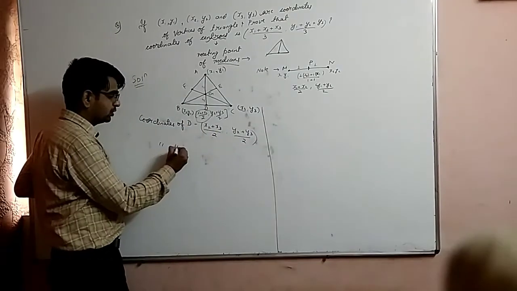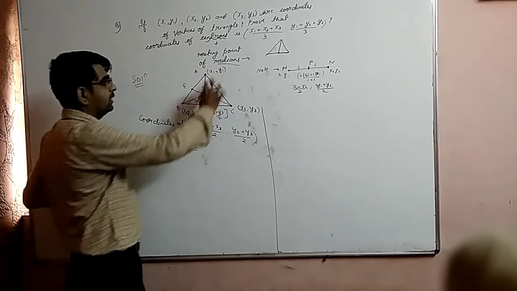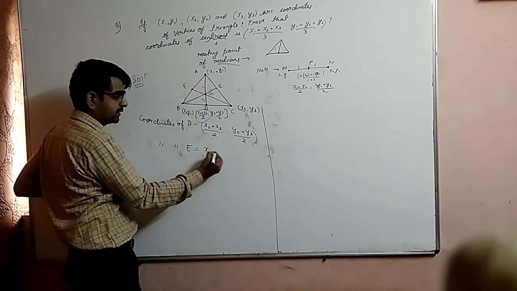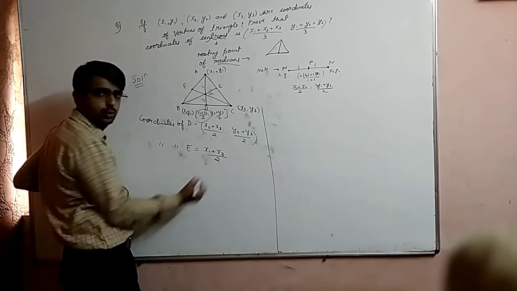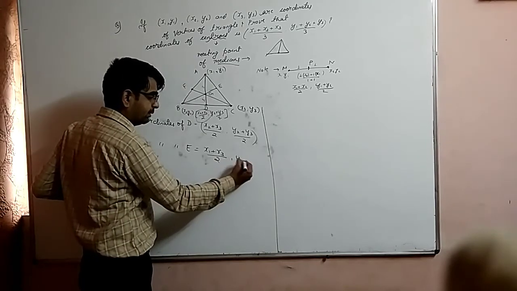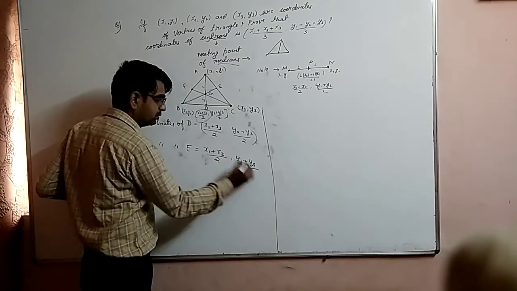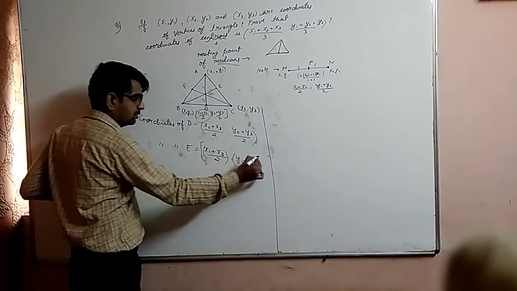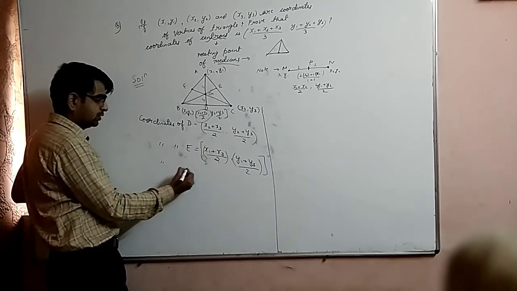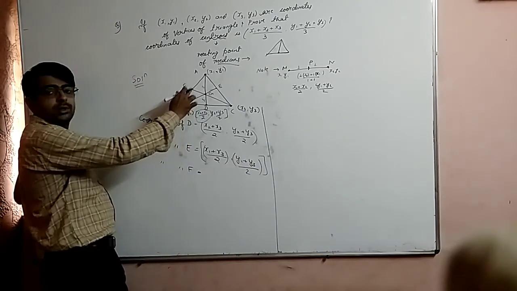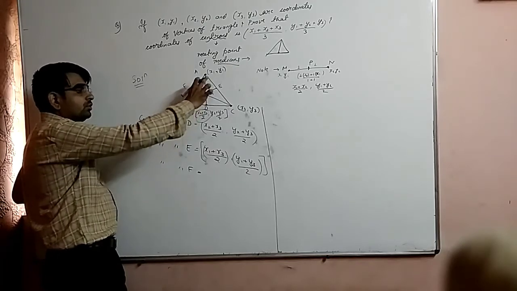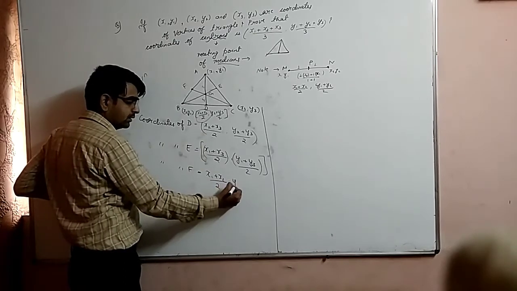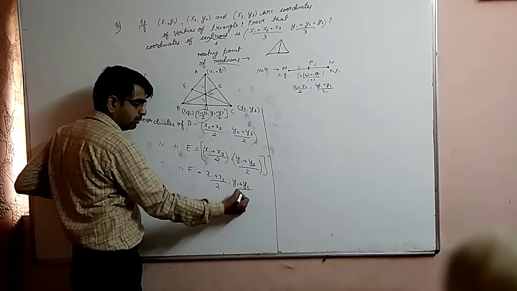Coordinates of E: E is the midpoint of A and C, so it will be x1 plus x3 by 2, and for y it will be y1 plus y3 by 2. And F is the midpoint of AB, so the sum is x1 plus x2 by 2, and for y it is y1 plus y2 by 2.